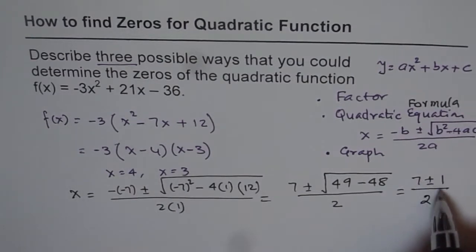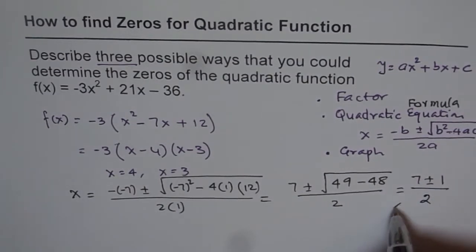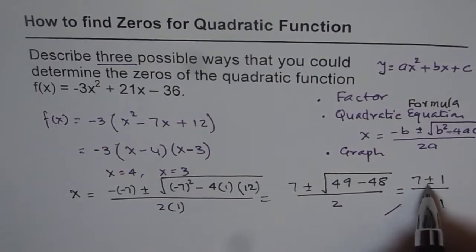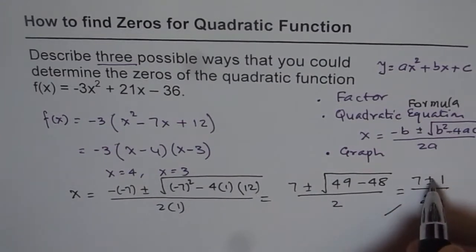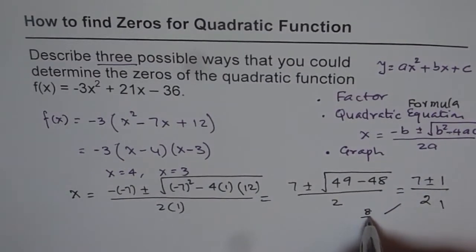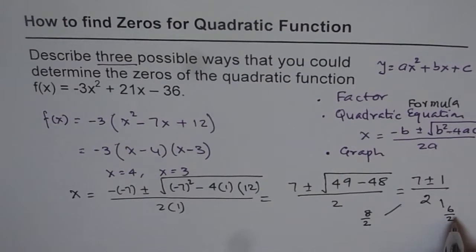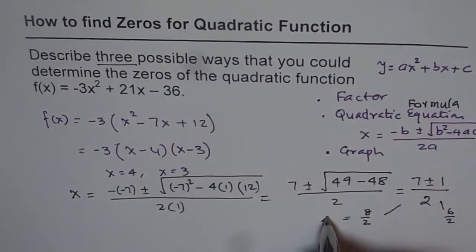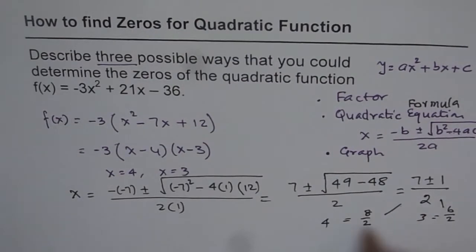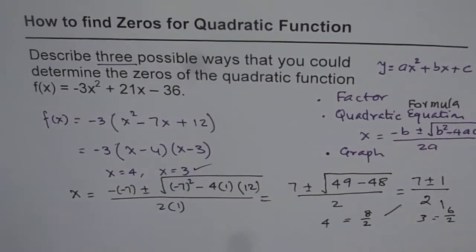Now we see there are two particular solutions, one with the plus sign and one with the minus sign. We have 7 plus 1, which is 8 over 2, as one solution, and 7 minus 1, which is 6 over 2, as the other solution. So we get two solutions, and one of them is 4 indeed, and the other one is 3. We get the same solution as we found earlier with the help of the quadratic formula, correct?